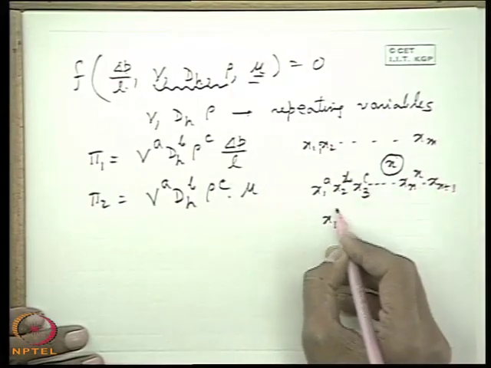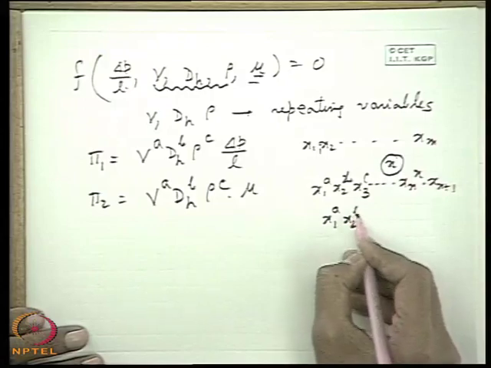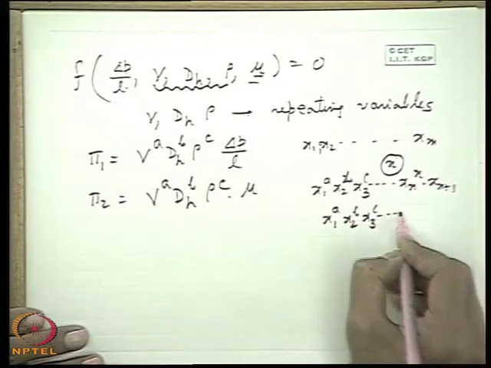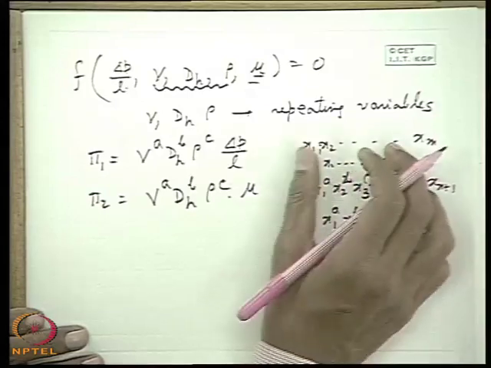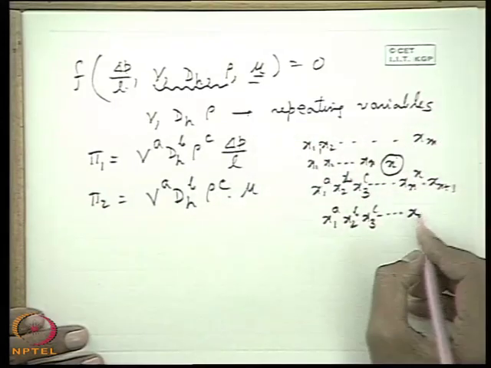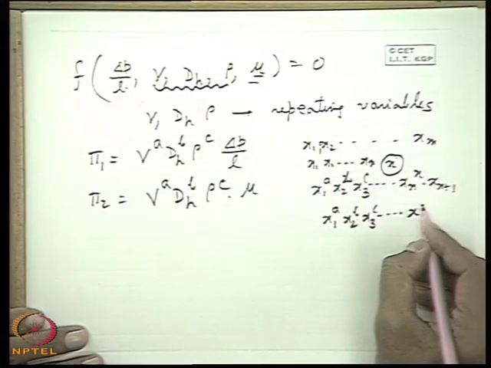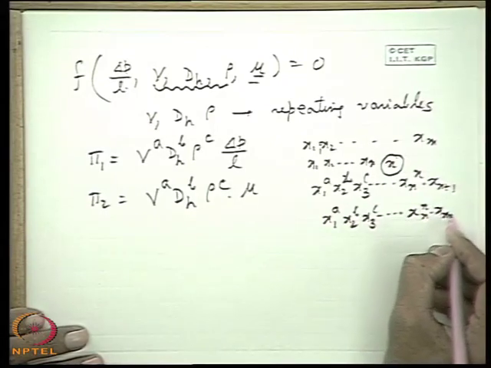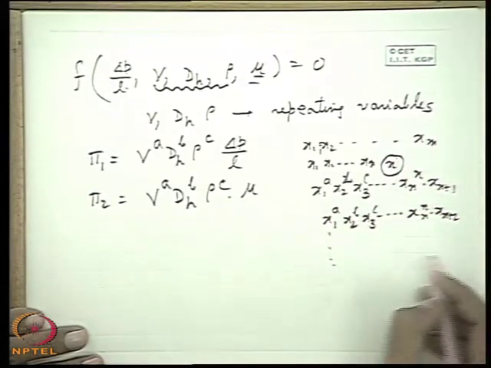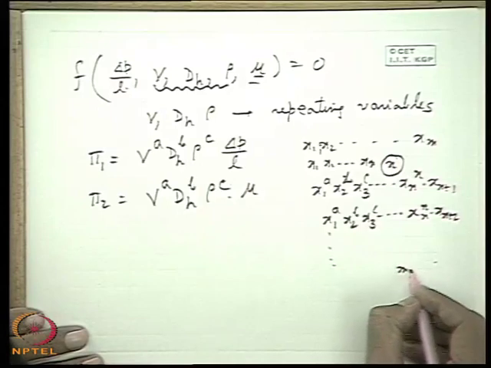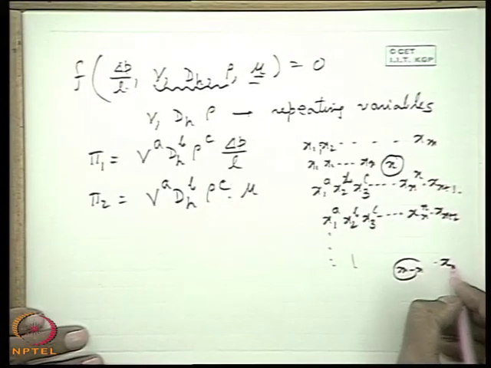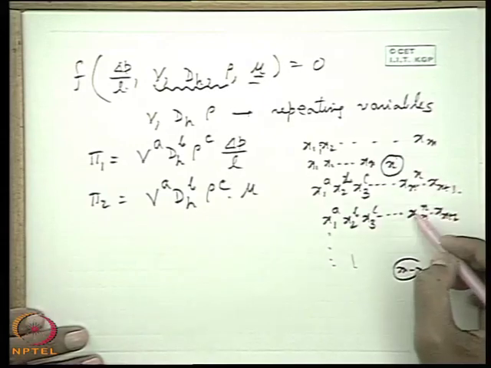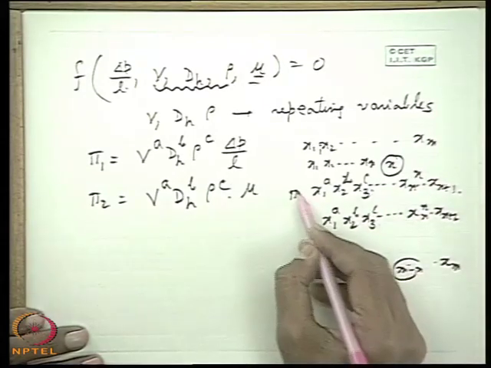This is the general description: first we choose x1, x2 to xn, some n variables, as the repeating variables, and multiply by xn plus 1, xn plus 2. This way we will be getting only m minus n terms, up to xm. So there will be m minus n pi terms.